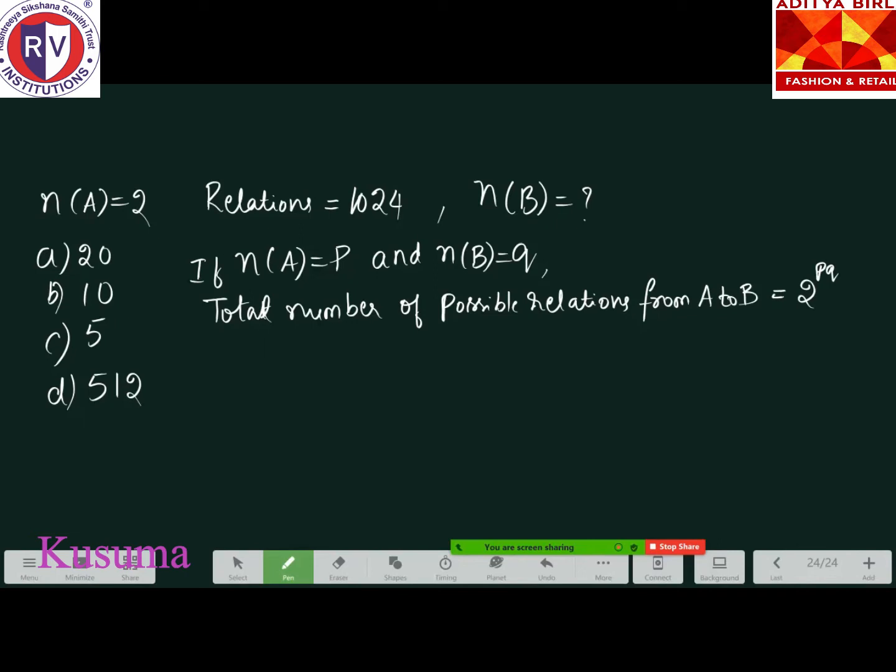Okay, the total number of possible relations from A to B will be 2 to the power of PQ whenever n of A is P and n of B is Q.